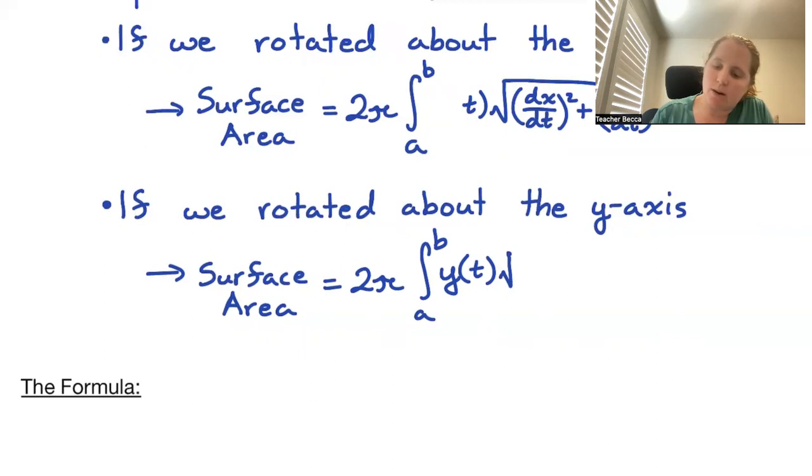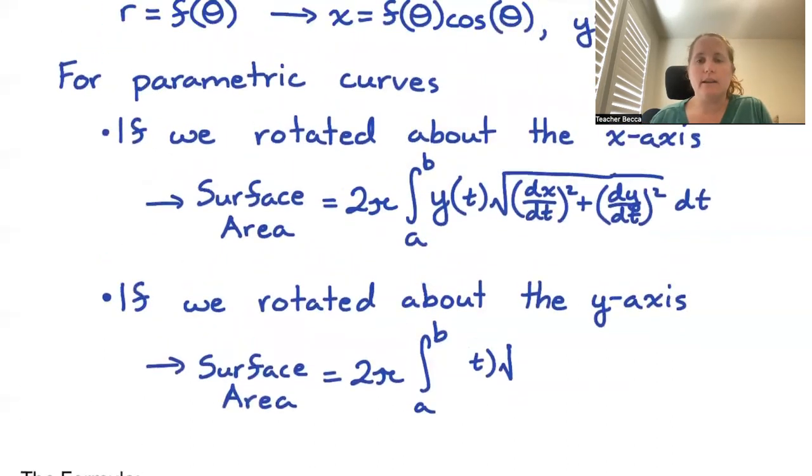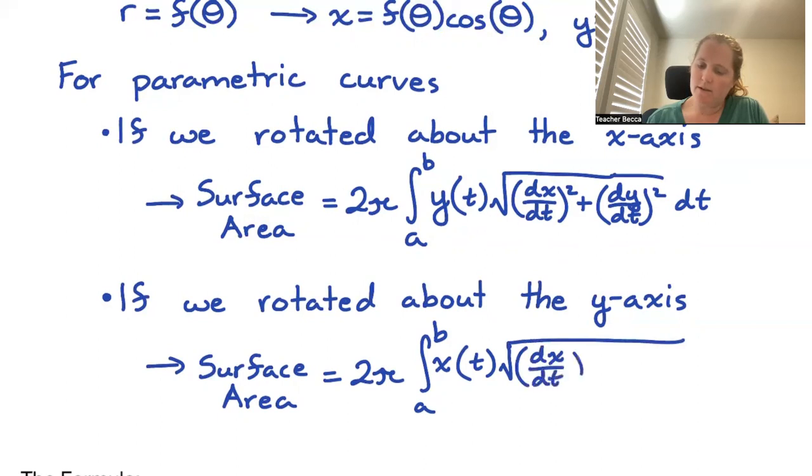For x, it should have been y of t, and for y, it should be x of t. So surface area for rotation about the x-axis should have been 2 pi times the definite integral from a to b of y of t. For the y-axis, we should have x of t times the square root of dx dt squared plus dy dt squared dt.